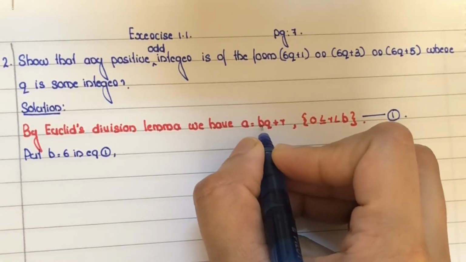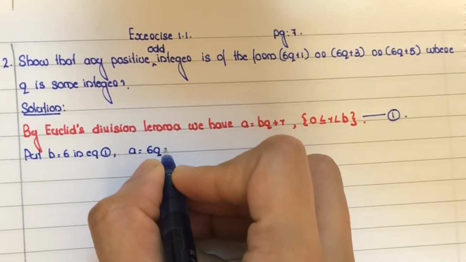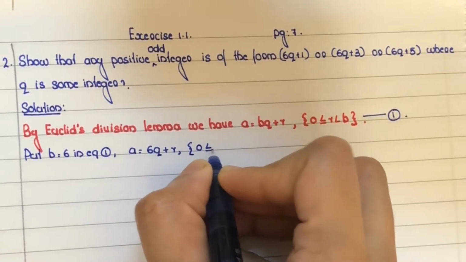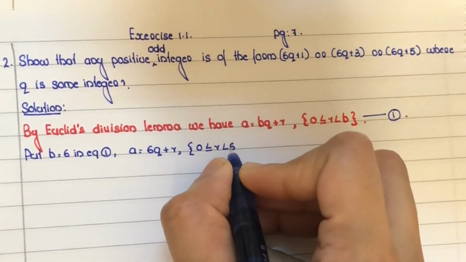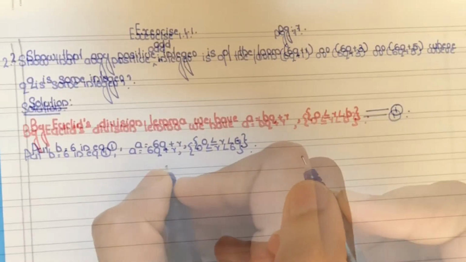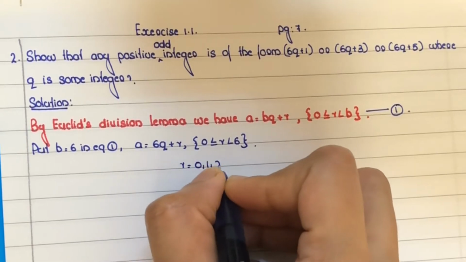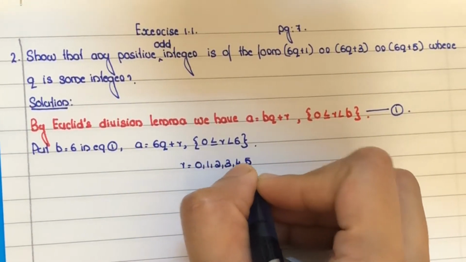So when b is 6, a equal to 6q plus r, 0 less than or equal to r less than b, which is 6. That is, value of r is equal to 0, 1, 2, 3, 4 and 5.